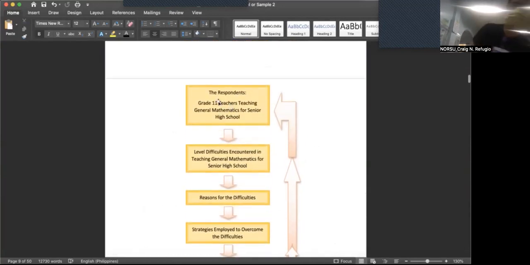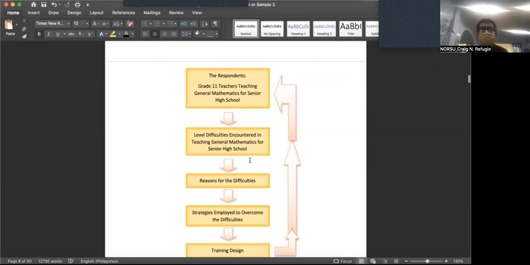We start with the respondents of the study. Here, you mention the respondents, and all of you have different respondents, that's my assumption. Next is the level of difficulties encountered in teaching General Math for senior high school. For this box, there is a variation among yourselves because you have different subjects or fields of specialization.